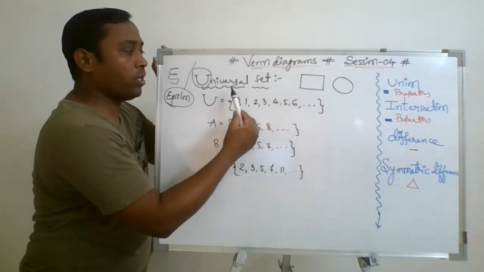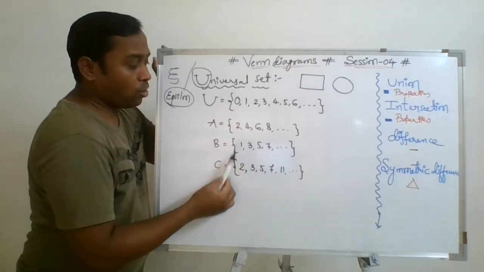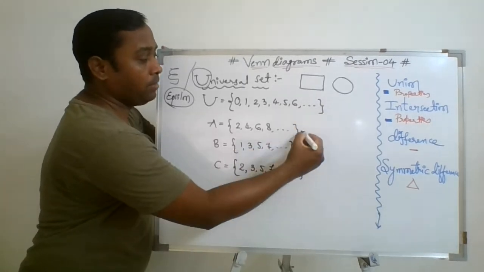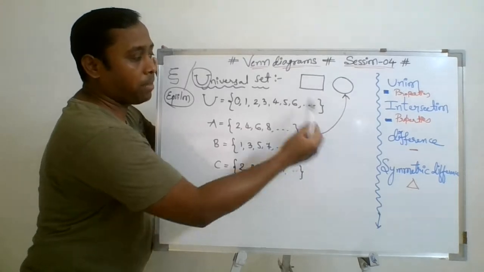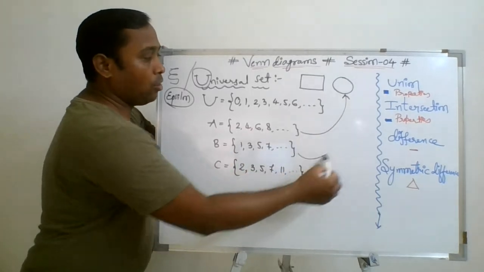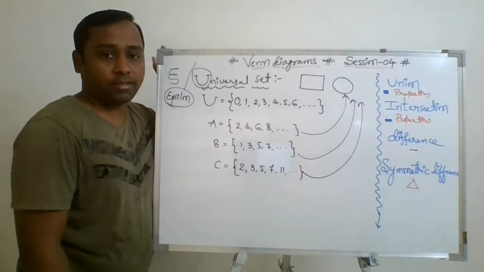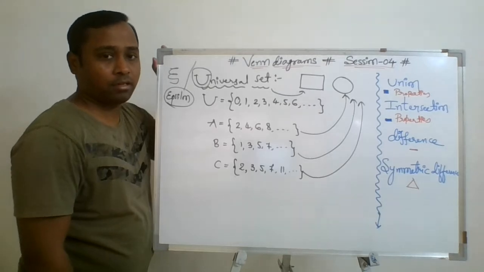The rectangle is used to denote the universal set and the subsets of the universal set are represented by circles. That means set A is represented by a circle, set B is also represented by a circle, set C is also represented by a circle, and the universal set is represented by a rectangle.